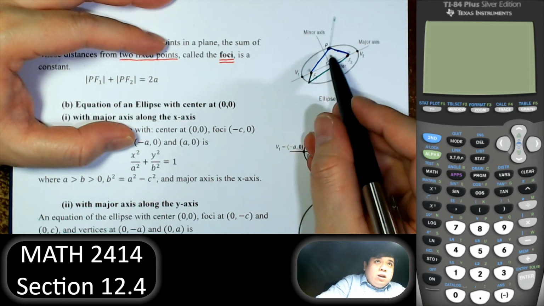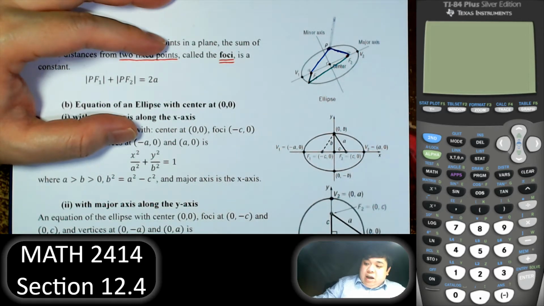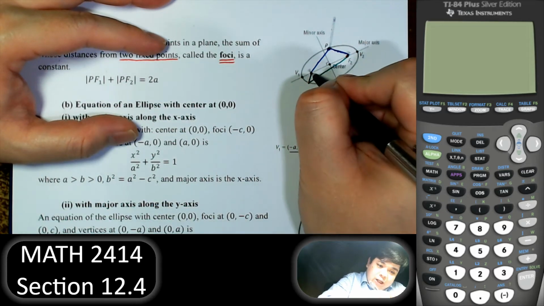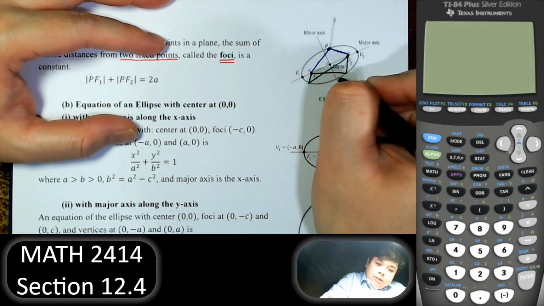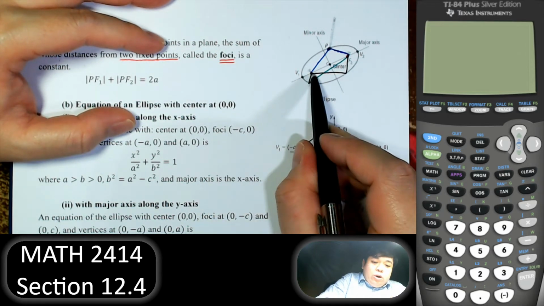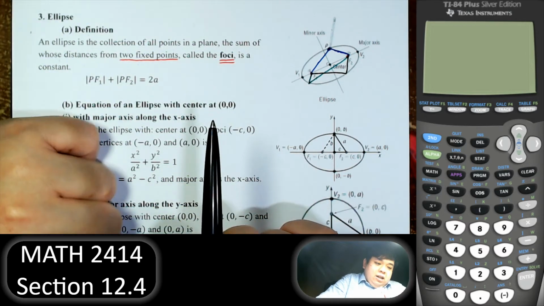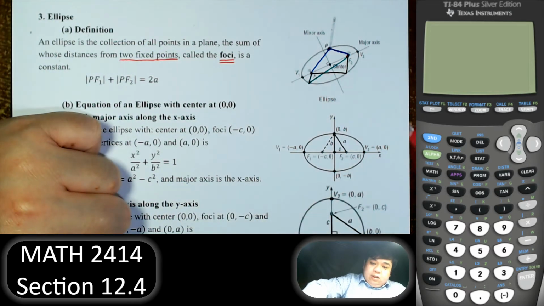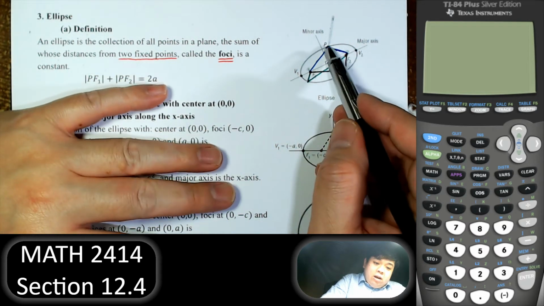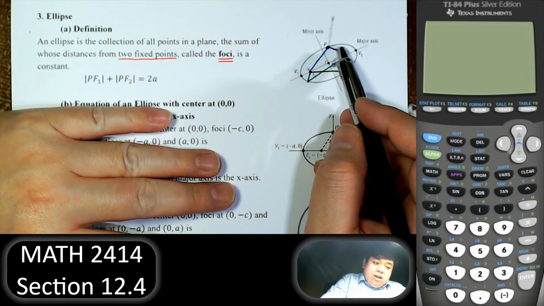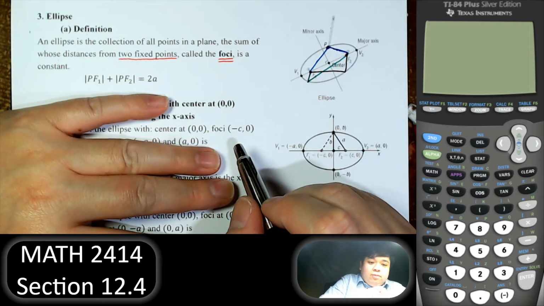The total distance here and here will be the same. Doesn't matter where we have the point. It could be here. The total distance will be constant. That is an ellipse: the set of all the points where the sum of distances to the foci is constant.